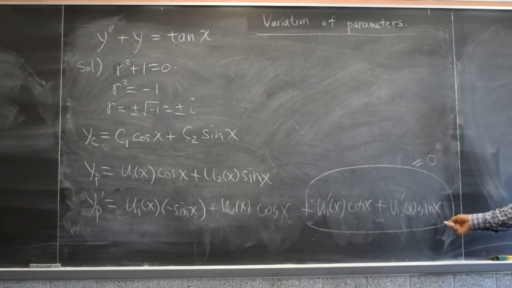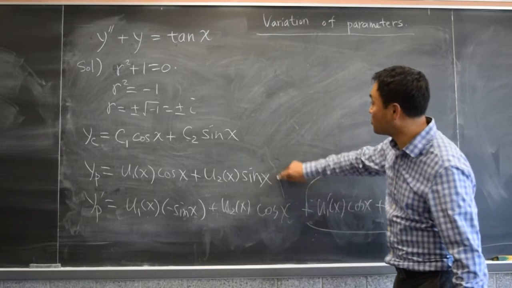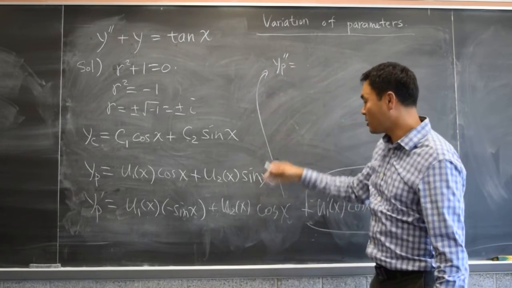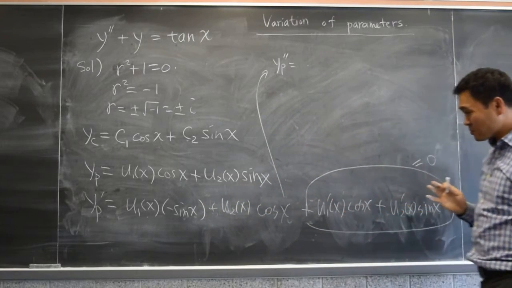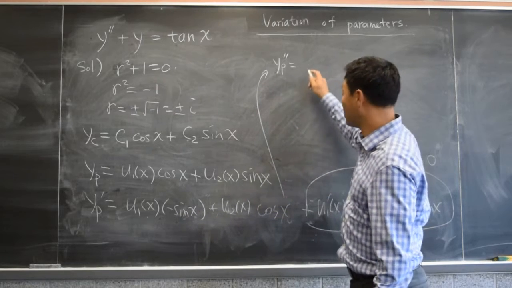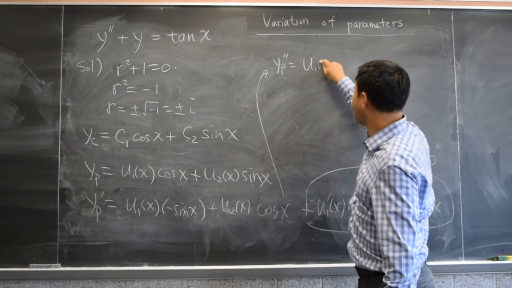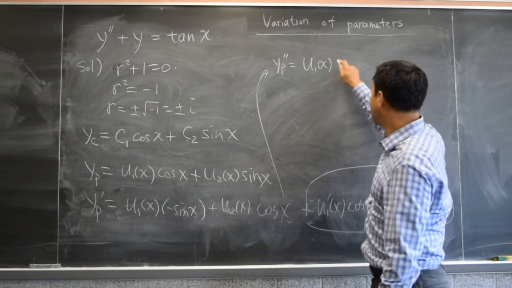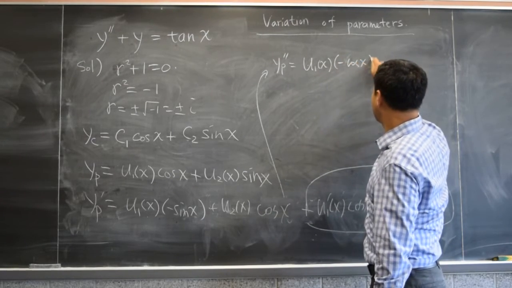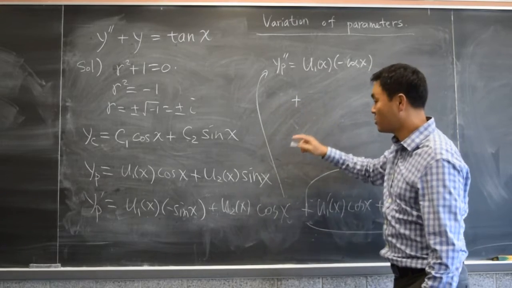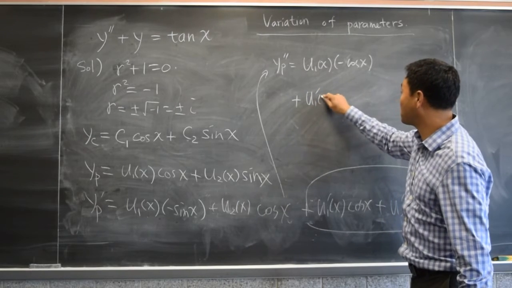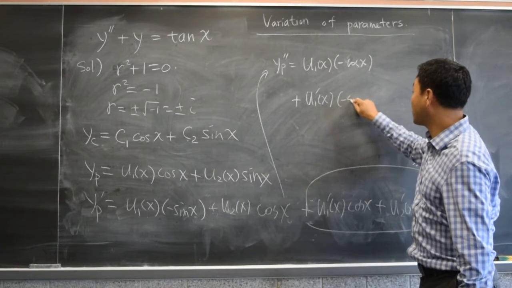So remember, this is our first condition. Now let's differentiate this. This is yp double prime, and again we have to use the product rule. The product rule will give you u1(x) times negative cosine x, plus, if you differentiate the first one instead, I'll get u1 prime of x times negative sine x.